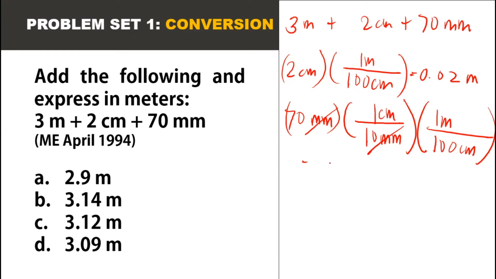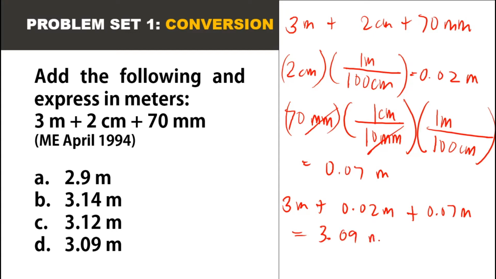So we have 0.07 meter. We have 3 meters plus 0.02 meter plus 0.07 meter. So we have 3.09 meters. So the answer is letter D.